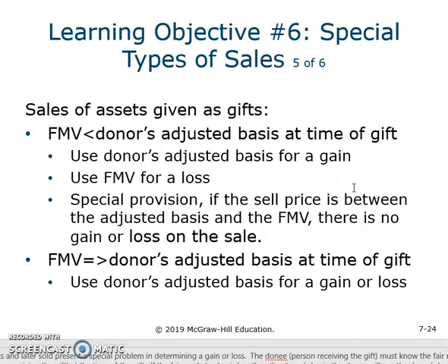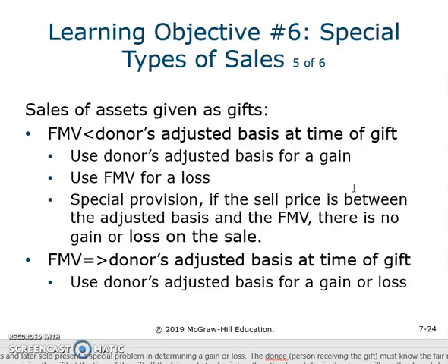Another type of special sale is the sale of assets that were given as a gift. There are some different valuation rules that apply to assets that were received as gifts. If the fair market value is less than the donor's adjusted basis at the time of the gift, we're going to use the donor's adjusted basis for a gain, and we're going to use the fair market value if there was a loss on the sale.